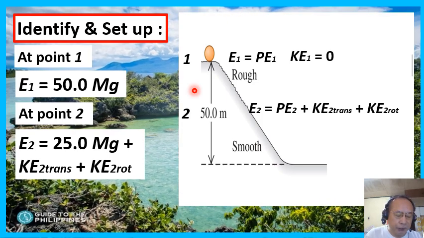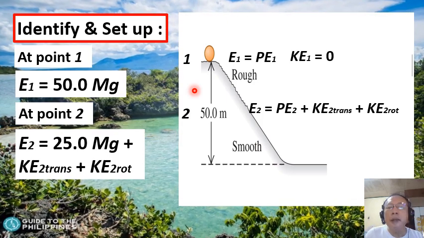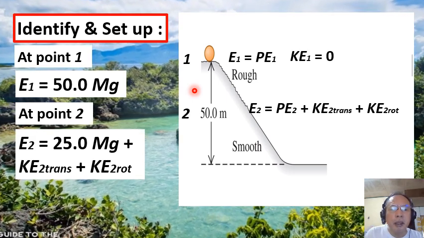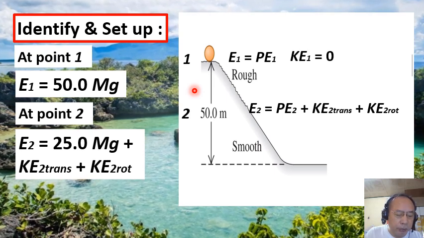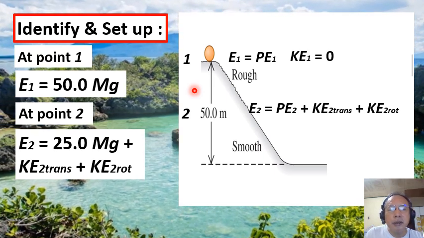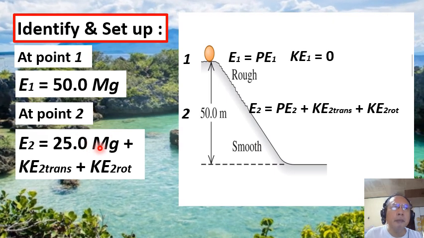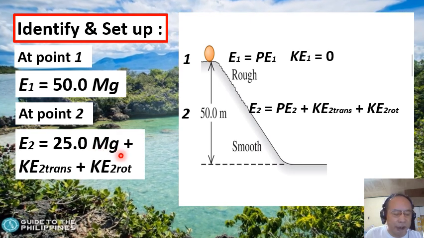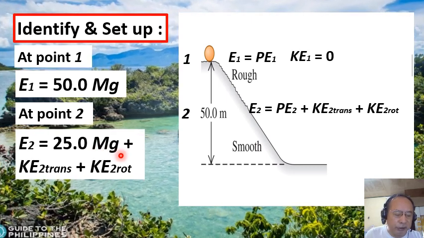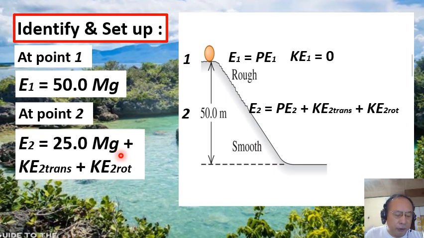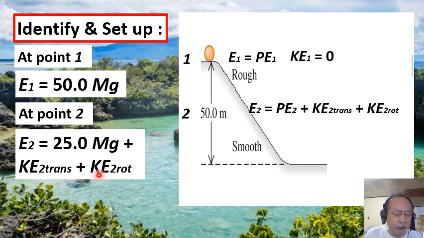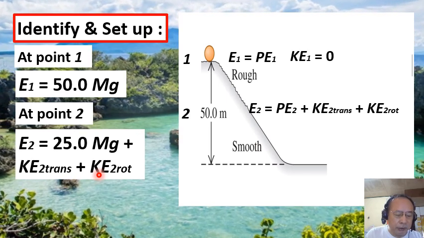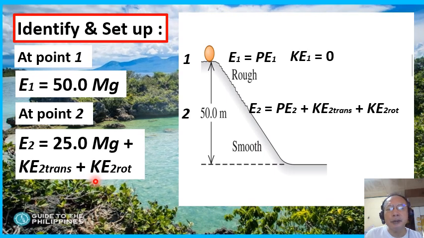That is, at level 2, the potential energy, P E sub 2, is just 25.0 mg, right? The 50% potential energy that it lost is in fact converted to kinetic energy, both translational and rotational kinetic energy.